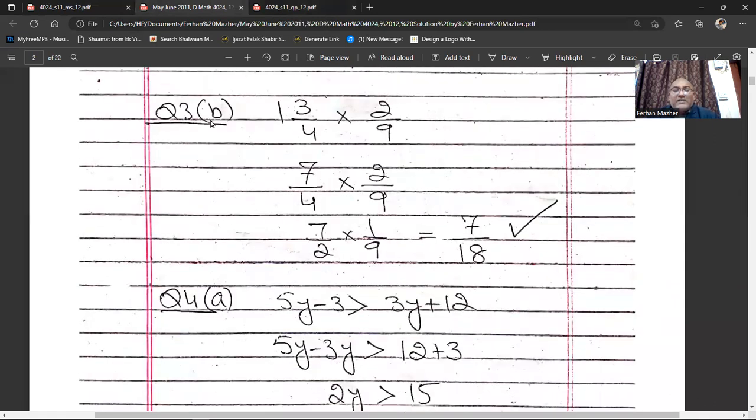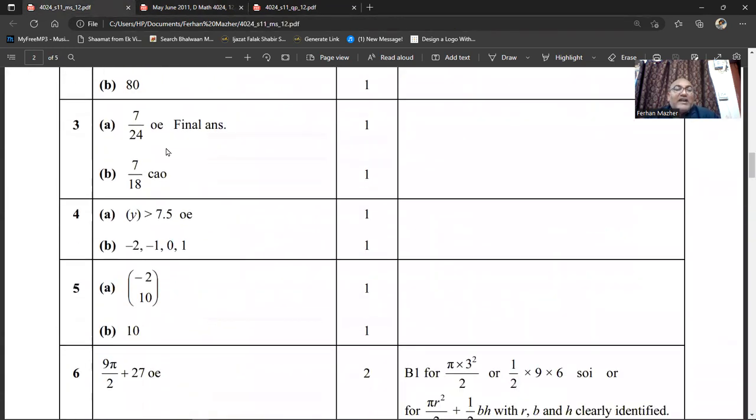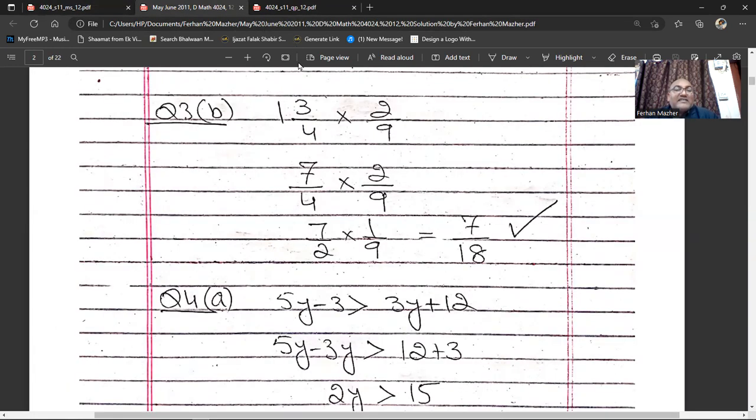The denominator will multiply with the denominator. The cancellation can be done between the numerator and the denominator. So 2 and 4 will be cancelled. So you are left with 7 by 2 multiply 1 by 9. So 7 ones are 7 and 2 nines are 18. So 7 by 18 is the answer. 7 by 18 is the right answer, sir.